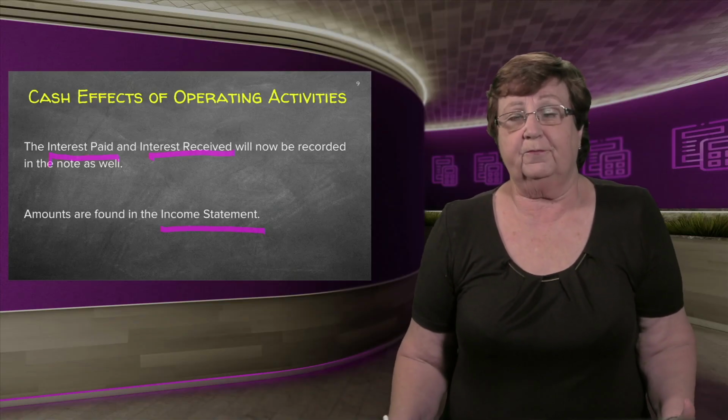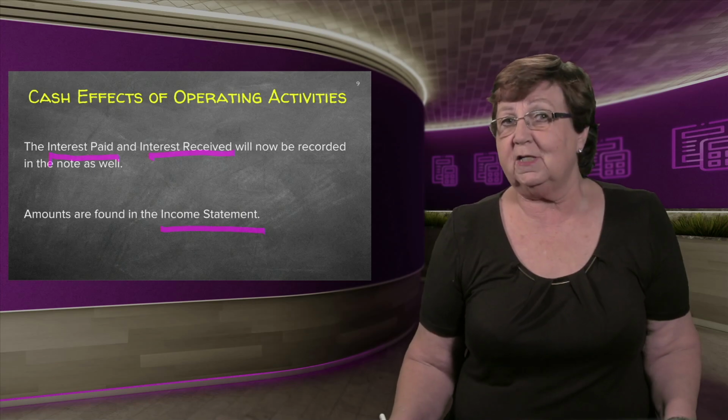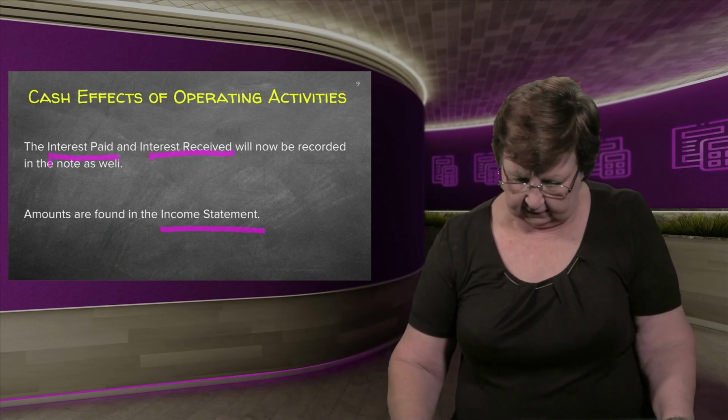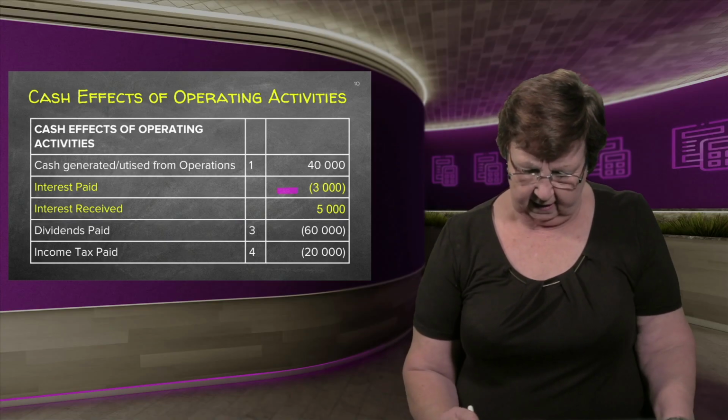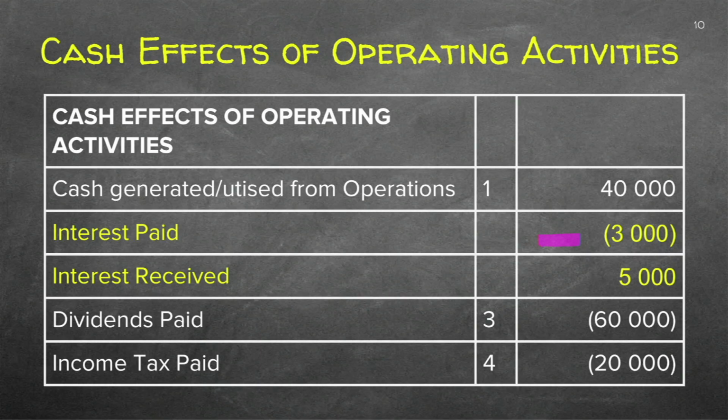Over here, I have now put in interest paid. It's in brackets because money's flowing out of the company, and interest received, which is not in brackets. Why? Because money's flowed into the business. So you would then have to work out what that amount is over there.